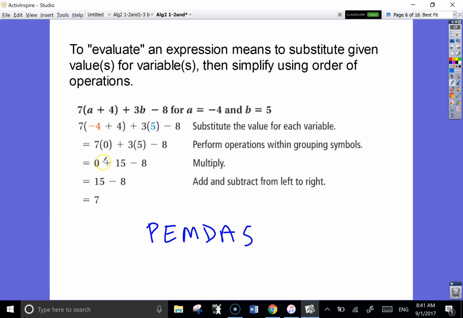So the next thing to do is multiply. 7 times 0 is 0, 3 times 5 is 15, and we have our negative 8. And then we add and subtract from left to right. So 0 plus 15 is 15, minus 8 is 7. Right? That's what we mean by evaluate an expression.